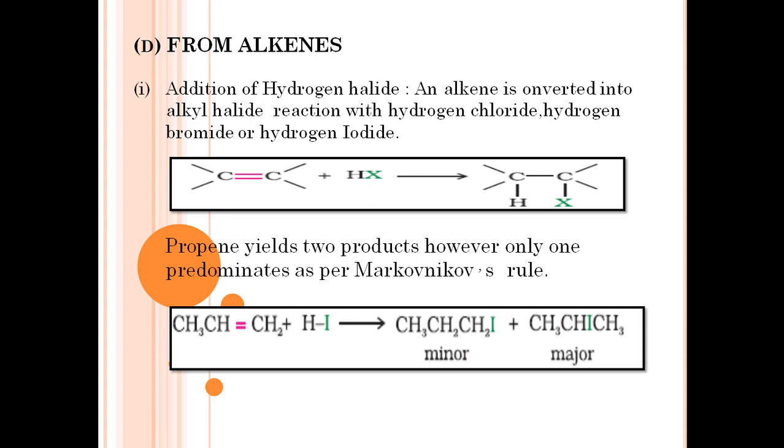According to Markovnikov's rule, the iodide ion is attached to that carbon atom which has less number of hydrogen atoms.